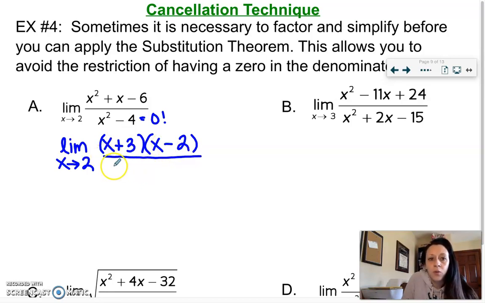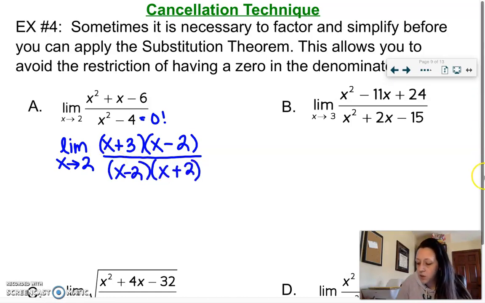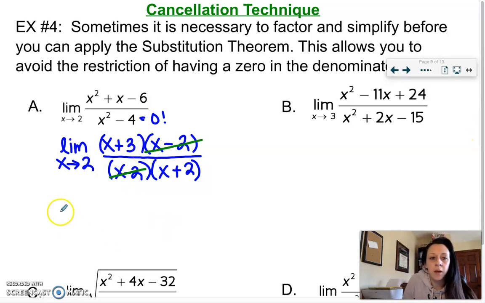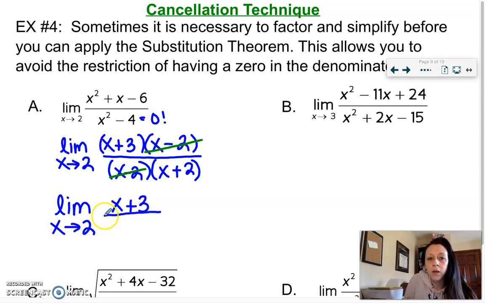The bottom will factor to x minus 2 times x plus 2, right? And it's called the cancellation technique because you should be able to cancel something and it will leave you with something that's smaller, simpler, whatever you want to call it, than the original problem.